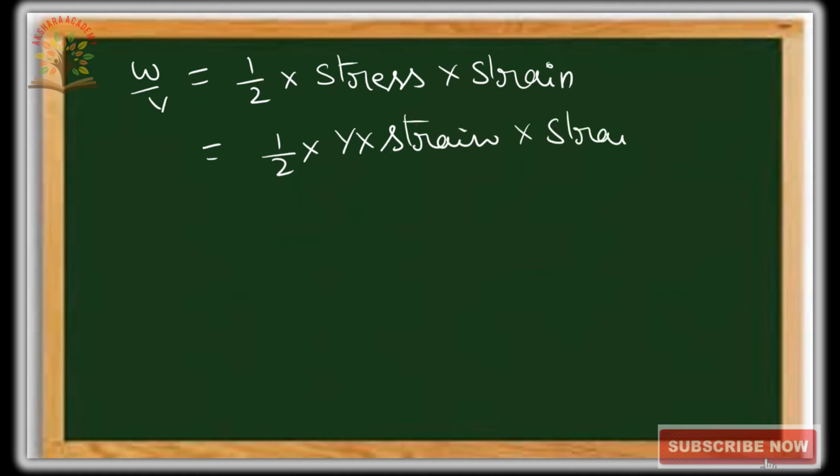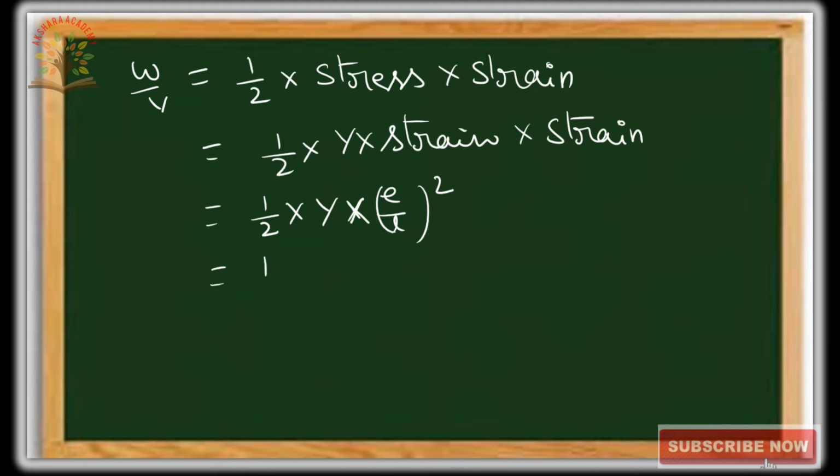So it becomes strain whole square. Directly I am writing the formula: half into Y into E by L whole square. This is a multiplication symbol, into.